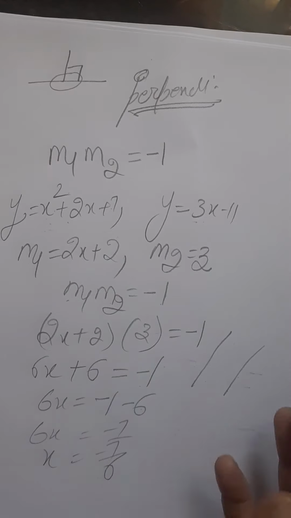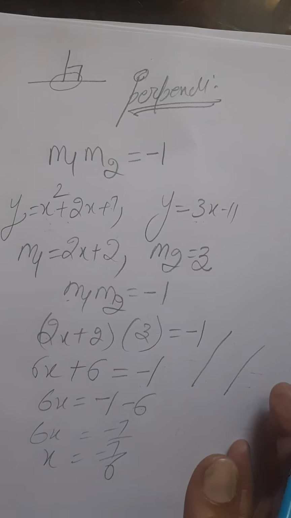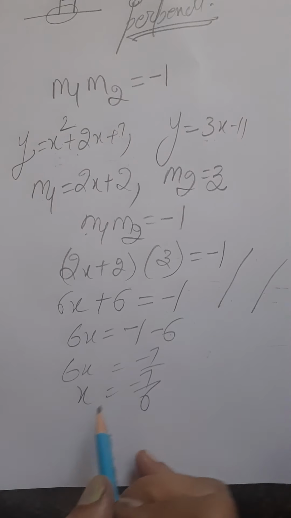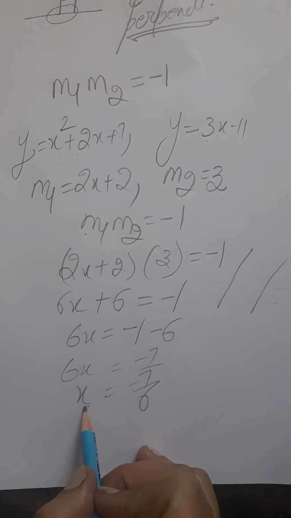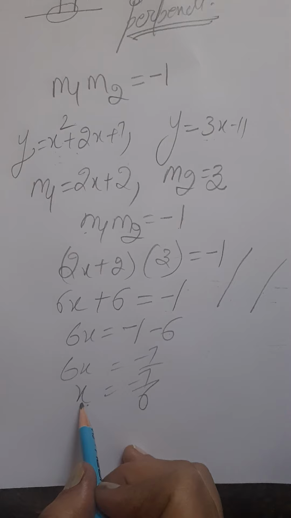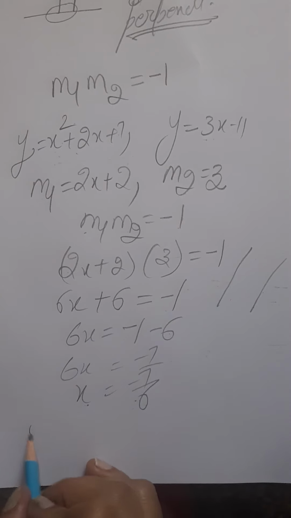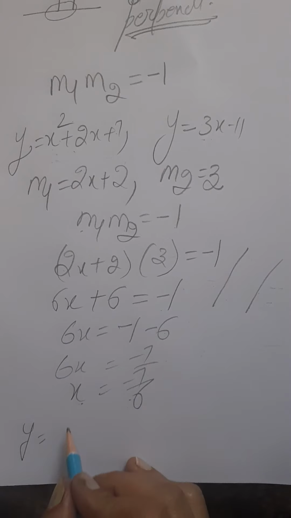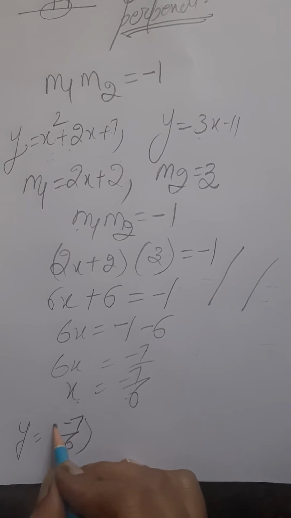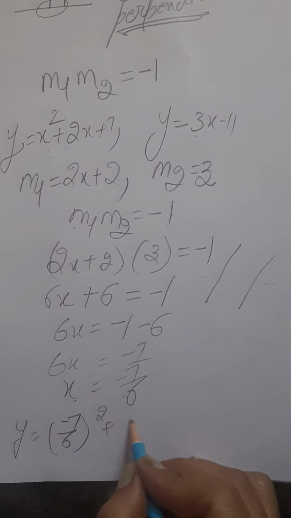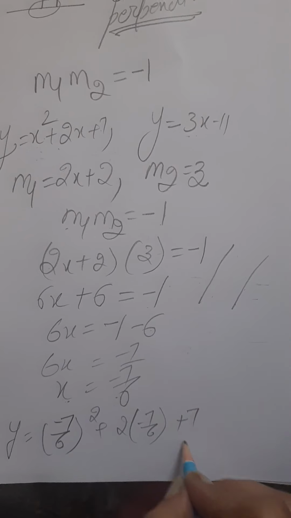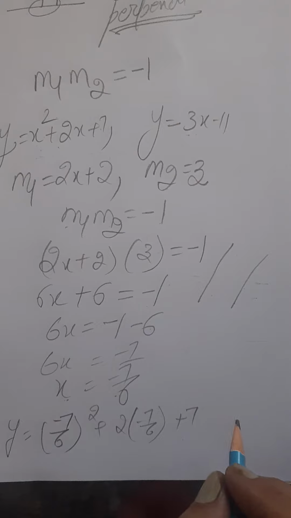When curves are perpendicular, the same condition is applied. If he says to find the coordinates, then you put the value of x in your function as I told you first: you write minus 7 upon 6 squared plus 2 times minus 7 upon 6, and solving it you get your answer.